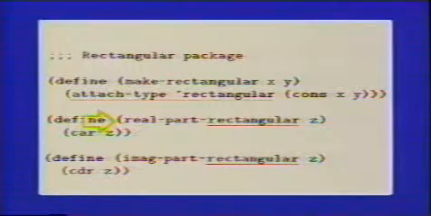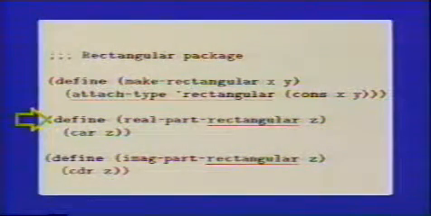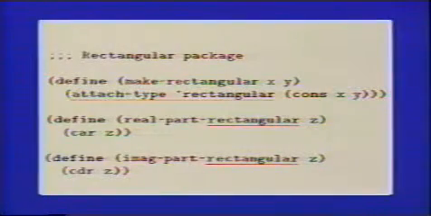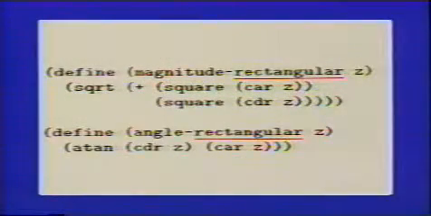So to allow them both to exist in the same Lisp environment, George should change the names of his procedures. So he'll say, this is George's real part procedure. It's the real part rectangular procedure. The imaginary part rectangular procedure. And then here's the rest of George's package. Right? He had magnitude and angle, he just renames them magnitude rectangular and angle rectangular.